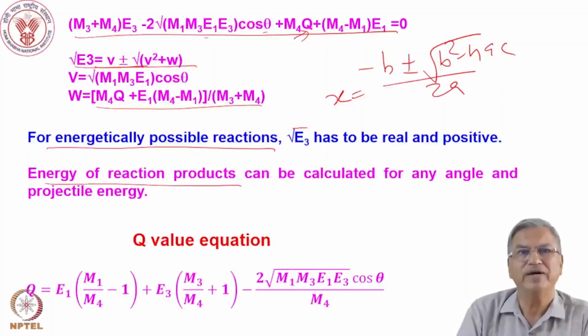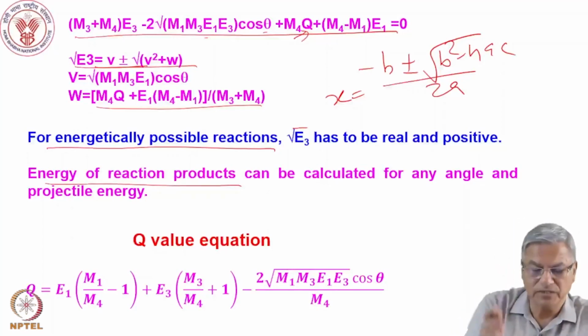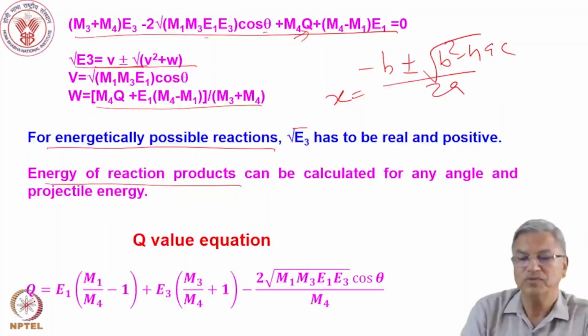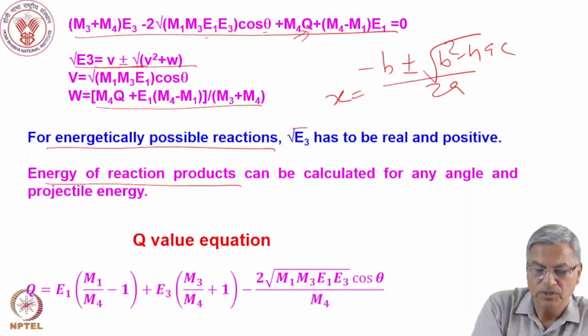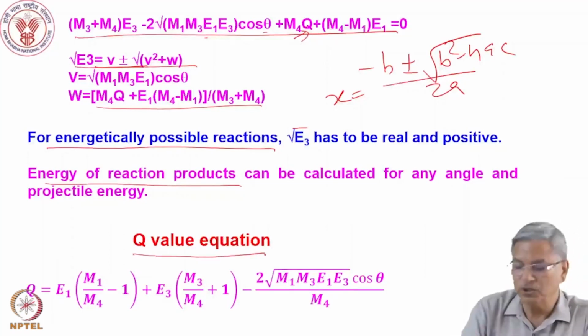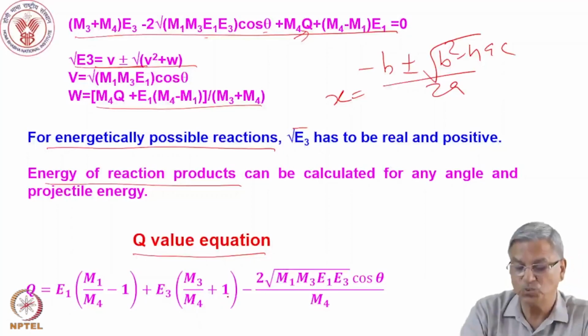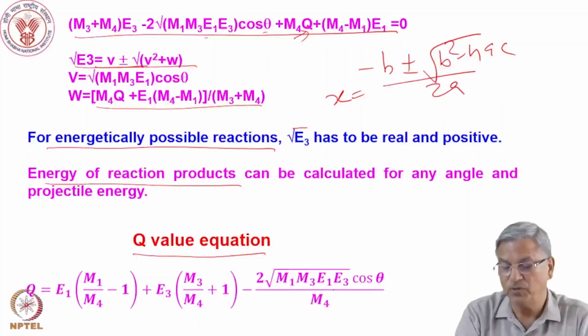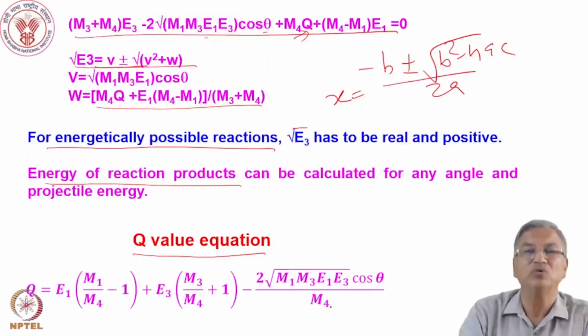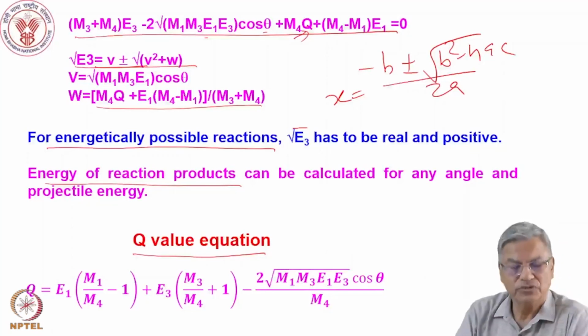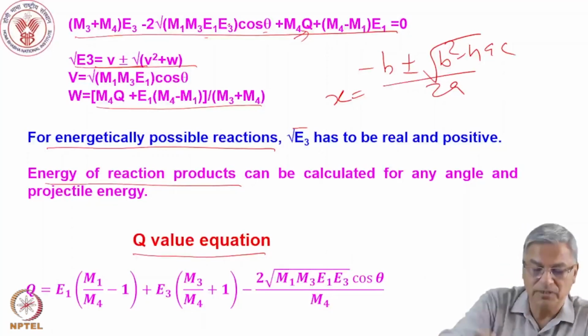In fact, you can also rearrange this equation in terms of the Q value. If you put Q equal to, then this is called the Q value equation. Q value is nothing but E1 M1 by M4 minus 1 plus E3 M3 by M4 plus 1 minus 2 root M1 M3 E1 E3 cos theta upon M4. So this Q value equation, essentially it is the same equation in a different fashion.